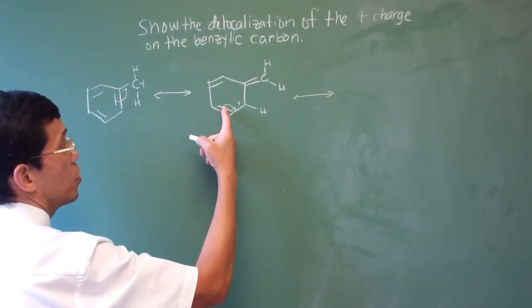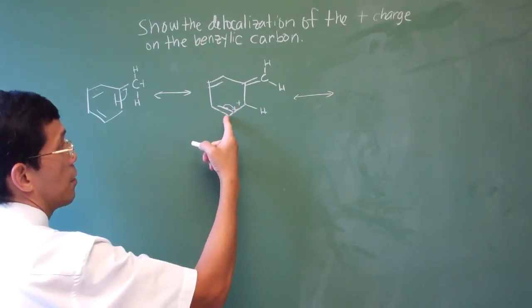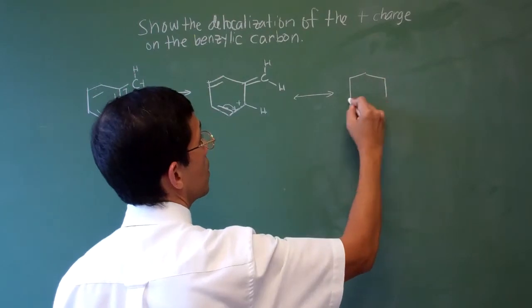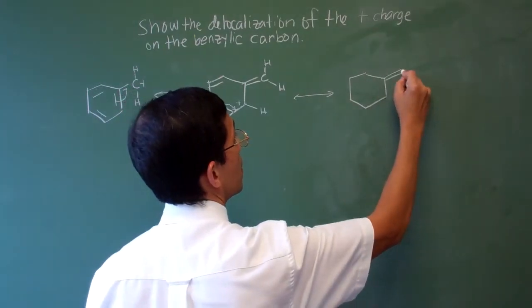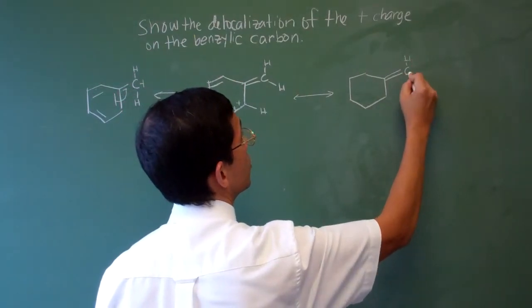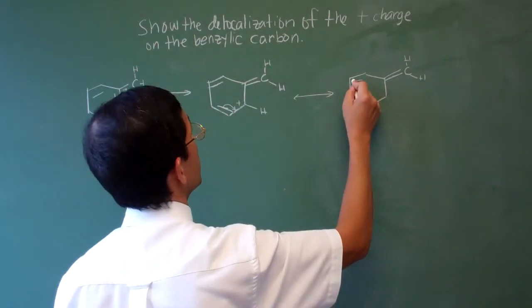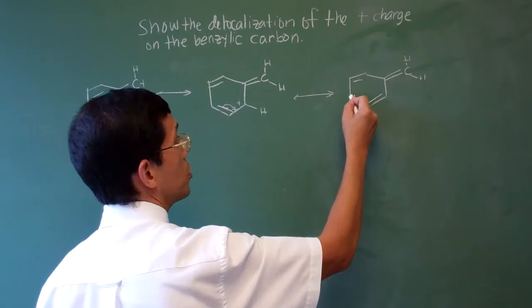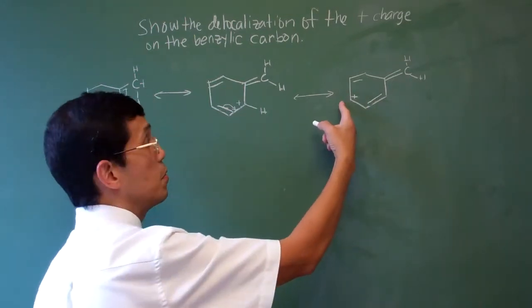from that position to between that carbon and that carbon, so a third resonance form would be H, H. You now have a double bond there, so the plus charge has moved to that carbon.